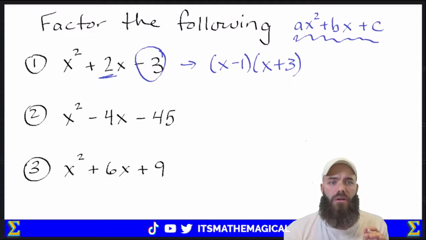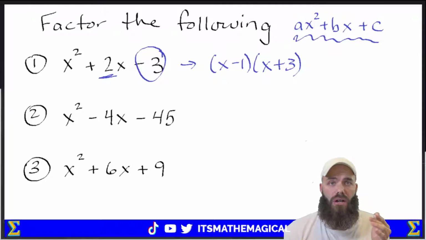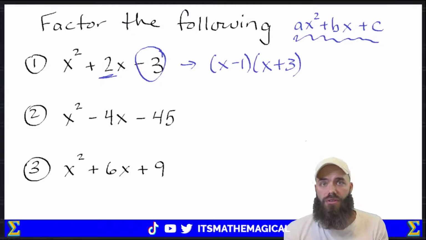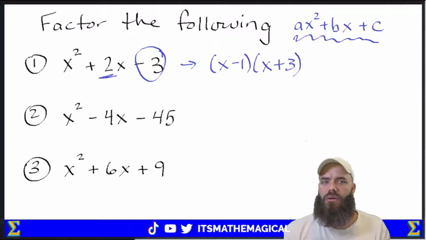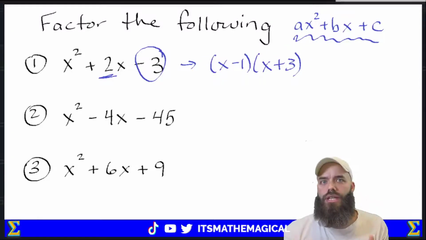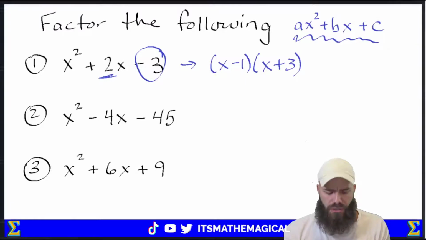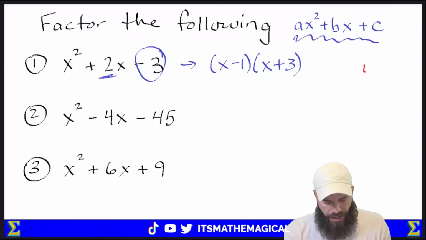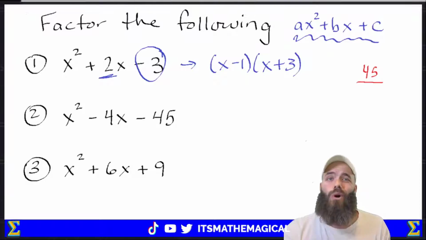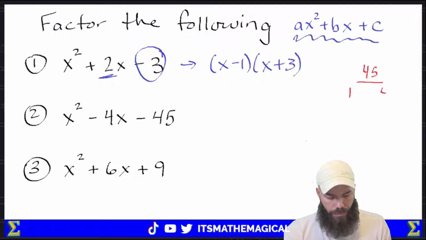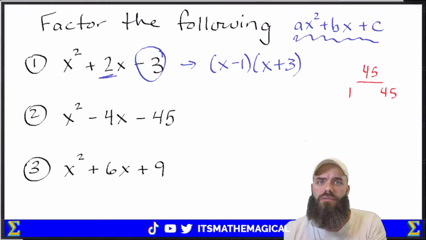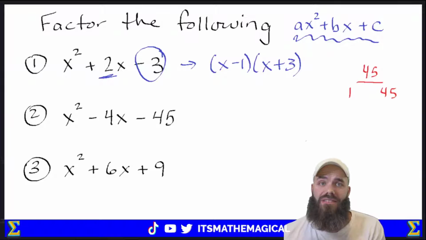This time 45 is not prime. There are other factors of 45 other than 1 and itself, so we need to think a little bit about this one. What are two numbers that multiply to give 45? If you need to do a little bit of scratch work, do it. Let's start with 1. 1 and 45 is obviously a pair that multiply to give you 45. 45 is odd, and therefore it's not divisible by 2.